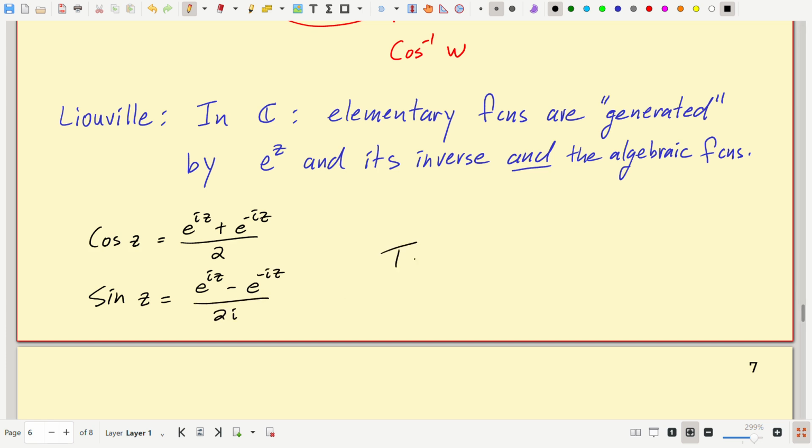The complex tangent function would be the quotient of those two, which you could stick in terms of exponentials. Etc. So those would be expressed in terms of exponentials. The inverse ones would require log functions. But that's all they require.